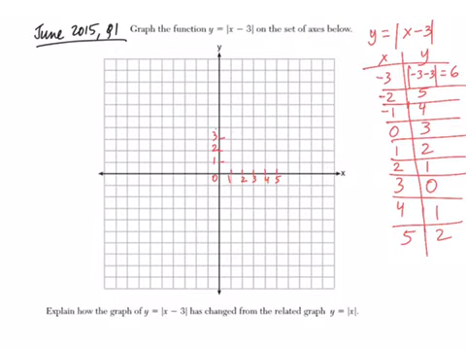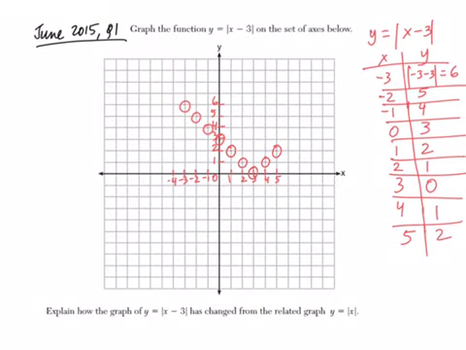So we plot all of this. So at -3 it's 6, at -2 it's 5, then it's 4, then it's 3, then at 1 it's 2, at 2 it's 1, at 3 it's 0, at 4 it's 1, at 5 it's 2.